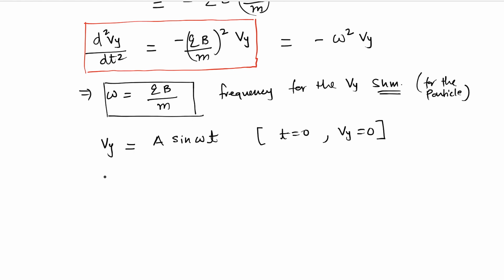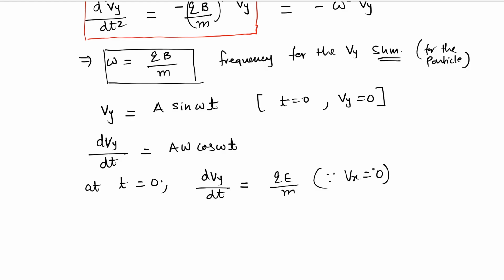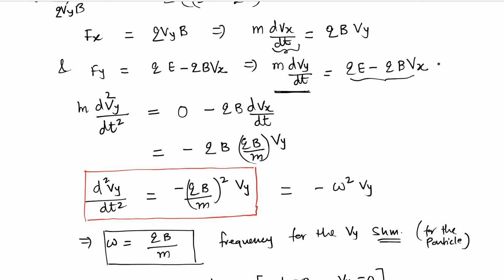Fine. So what is dVy by dt? A omega cos omega t. So at time t equal to 0, dVy by dt is qE by m because Vx is 0. And this is coming from this equation, right? dVy by dt is just qE by m because Vx is 0.